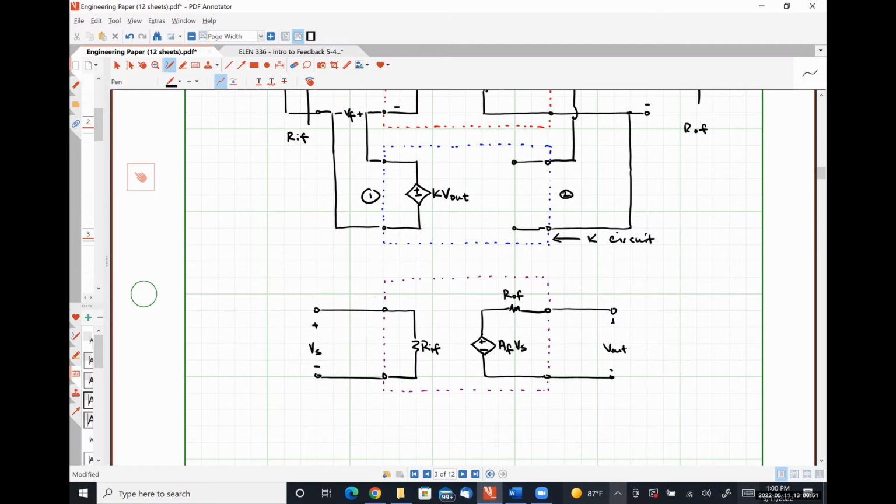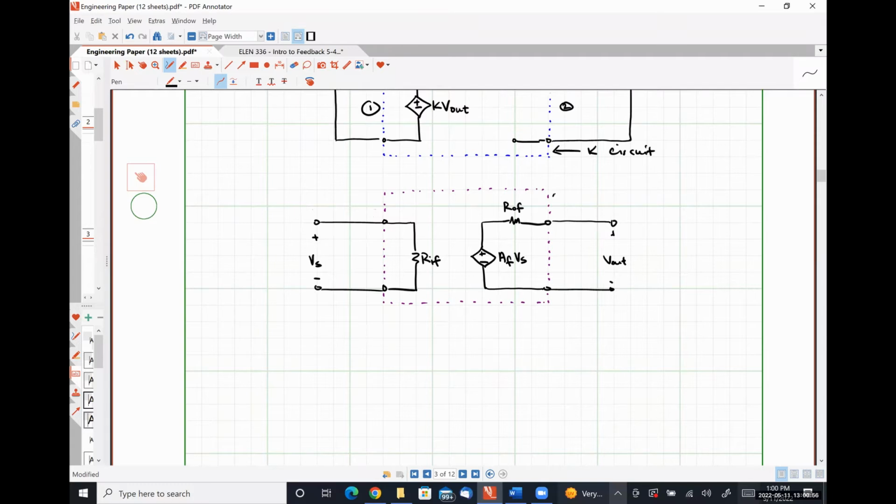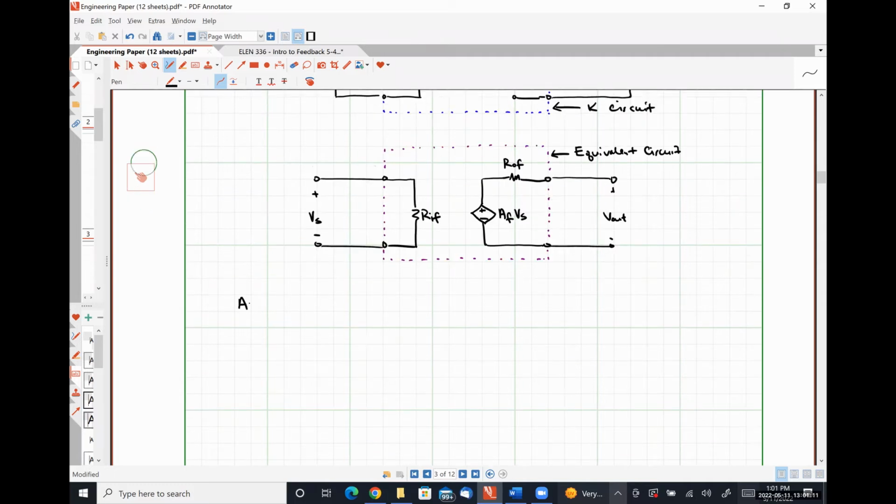Circling back around to what I was saying a moment ago, this is our equivalent circuit. We know that our gain with feedback, AF, should be of the form Vout over Vs, which is simply our open loop gain A over 1 plus KA.